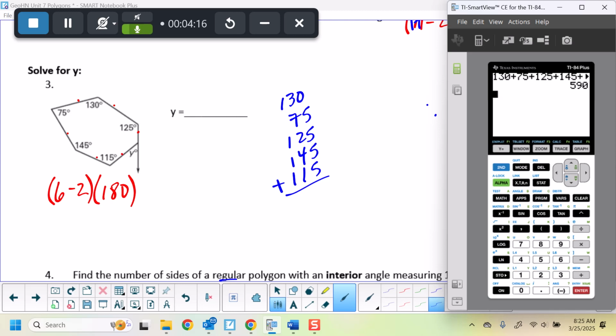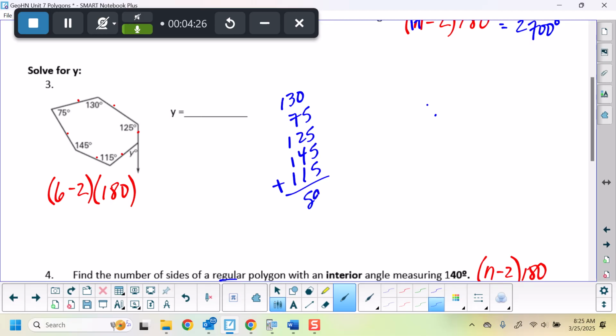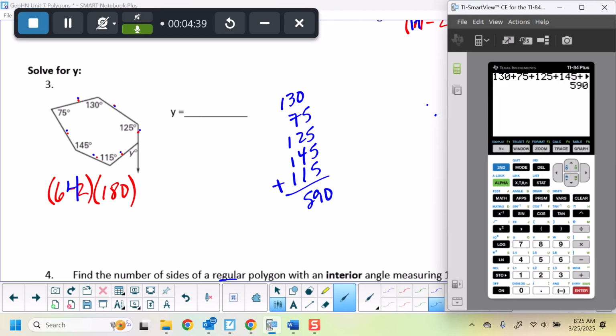I would validate that and look at my partner and go, did you get 590? Because that's a lot of numbers to add up. Did we get 590? Yeah. All right, so 590 is the sum of the angles that I do know. I counted my sides, 1, 2, 3, 4, 5, 6. So I know that 4 times 180 is going to be my total angles.